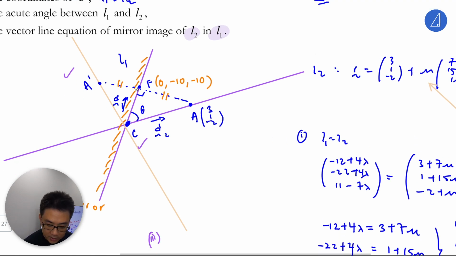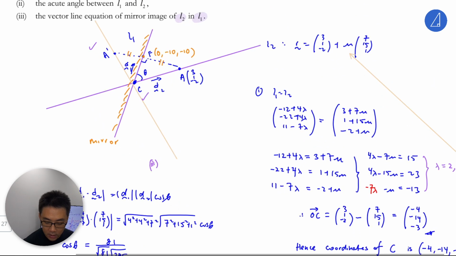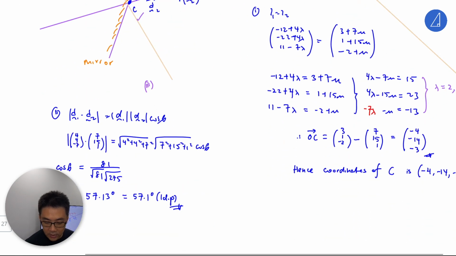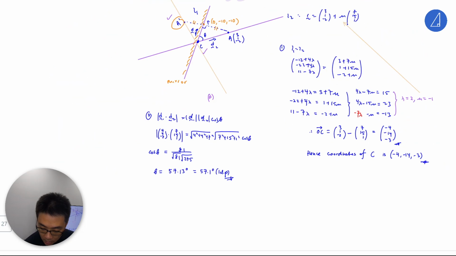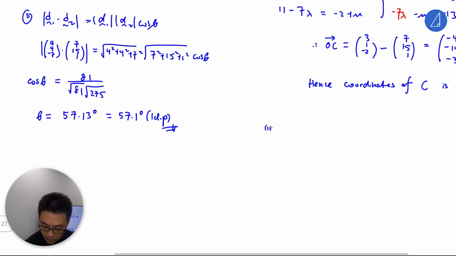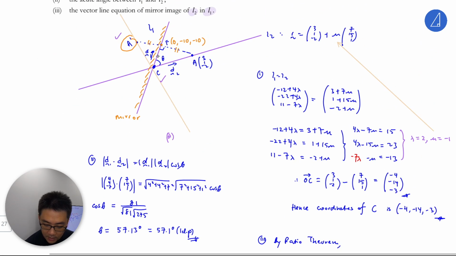So you know that this is the foot of perpendicular, this is A. What you need is A prime. So by ratio theorem, part 3, the middle guy is the subject.